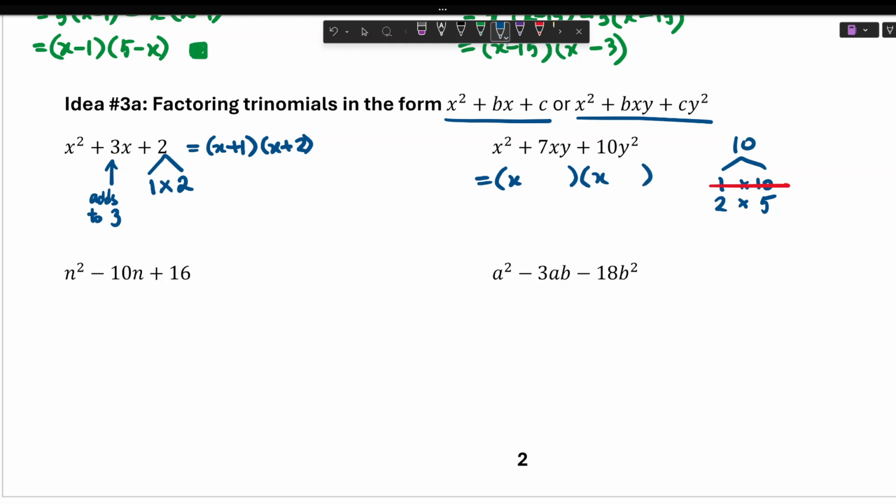Let's try with 2y and 5y. You'll notice you get 2xy from this product and 5xy from this product. And that does make 7xy, so that means this one is correct.